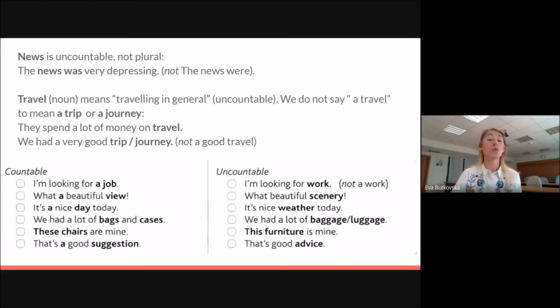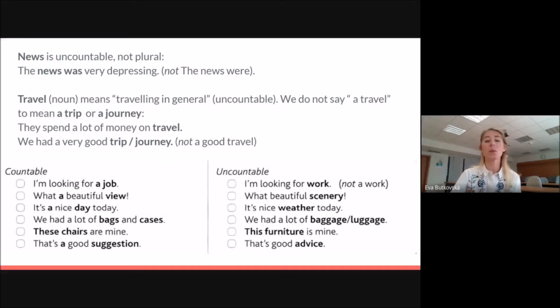When we are talking about weather, we could say it's a nice day today. I'm referring to the weather, that it's sunny and it's hot, for example, but the word day is countable. 1 day, 2 days, 3 days or more. So a day. But when I say it's nice weather today, weather is really a category, so we cannot count the weather.